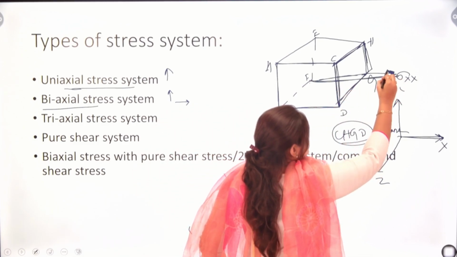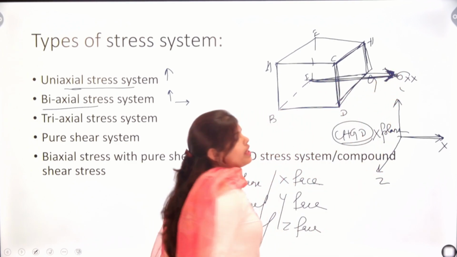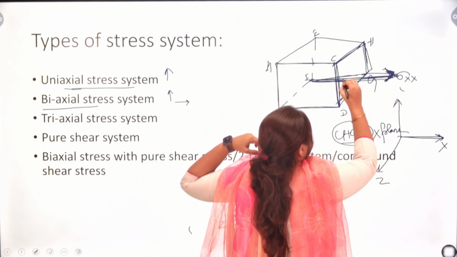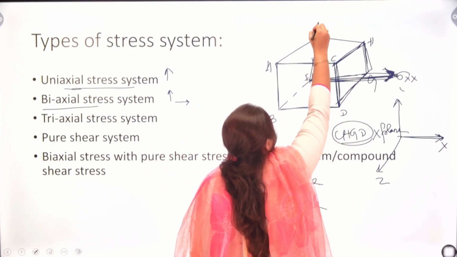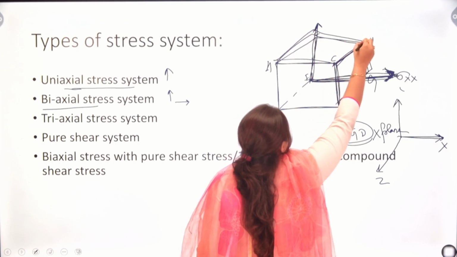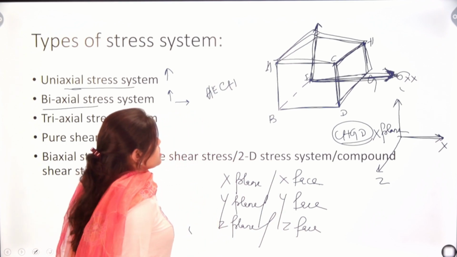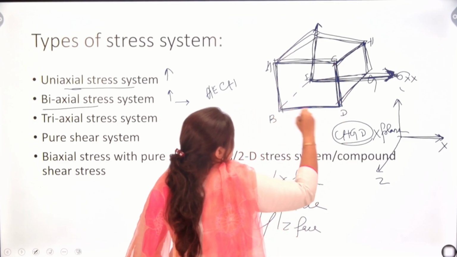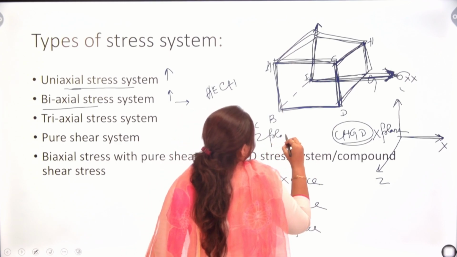Also, you can say the plane that a direction cuts along the axis will be termed as that plane. If the x direction cuts this plane, it will be termed our x plane. Like this, if the y direction cuts this plane, this is our y plane, that will be A, E, C, H. And in the z direction, the front face, A, C, D, B, is our z plane.